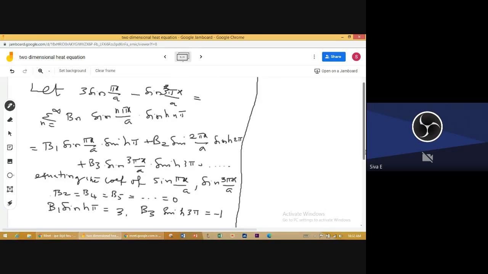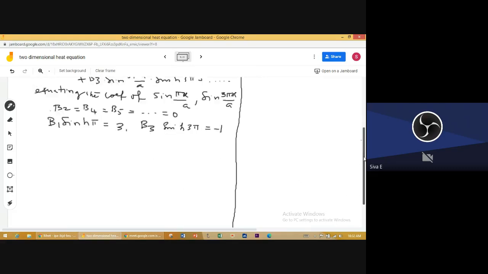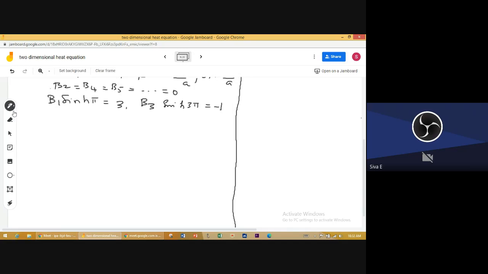Therefore, b1 equal to 3 divided by sinh pi, b3 equal to minus 1 by sinh 3 pi.